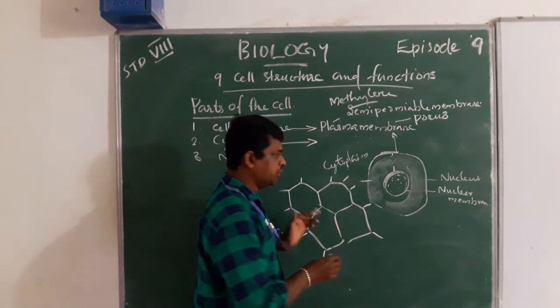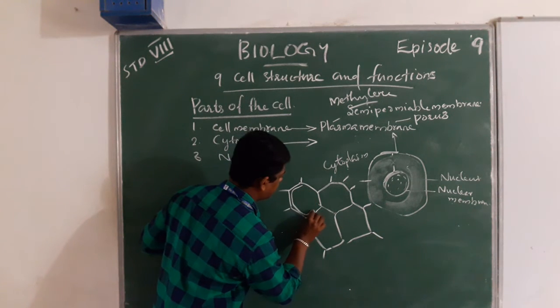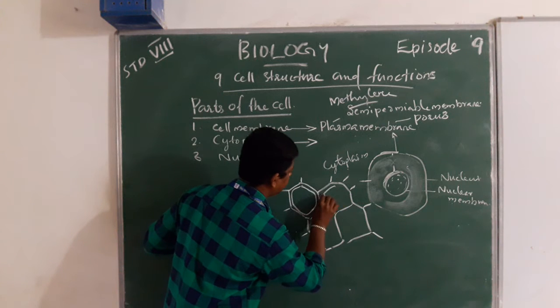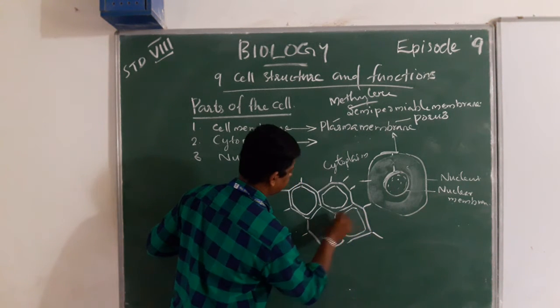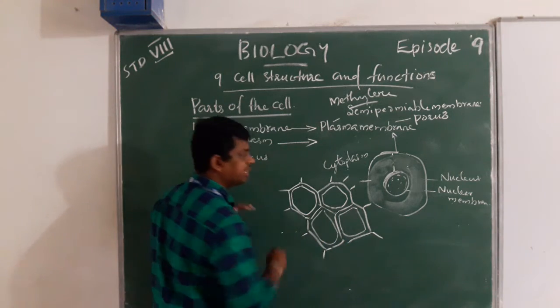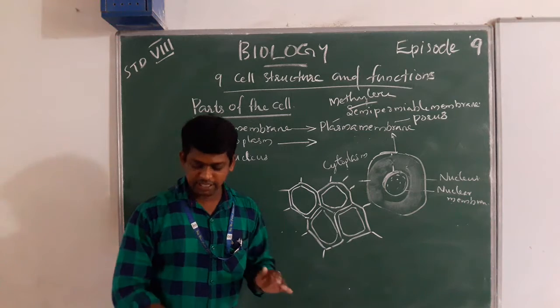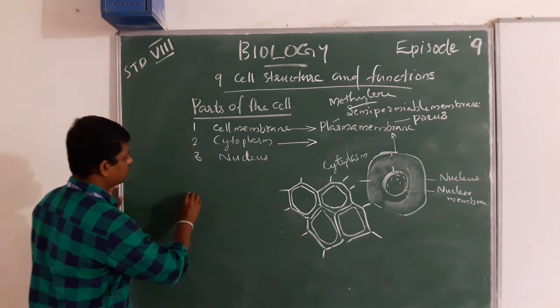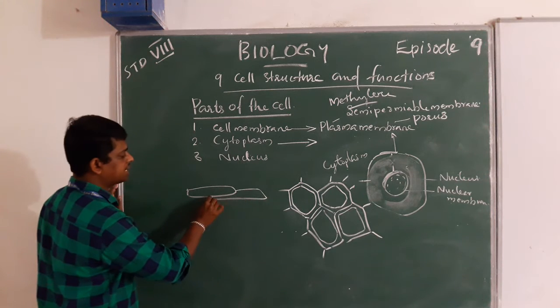In this boundary you can see the nucleus in the onion cells. These are cylinder-shaped, the long cells are here.